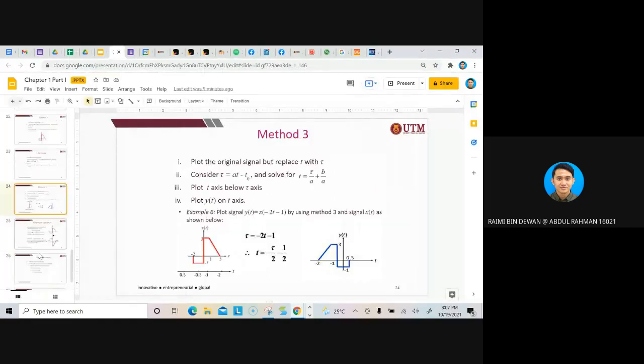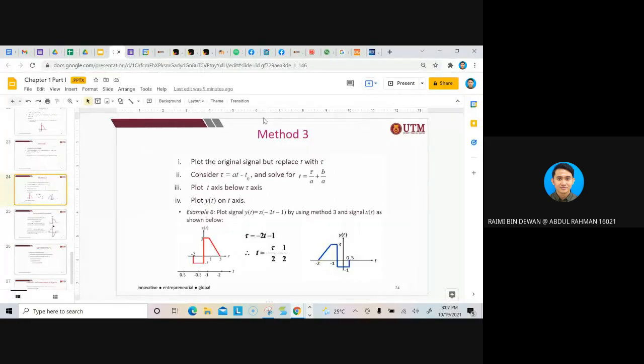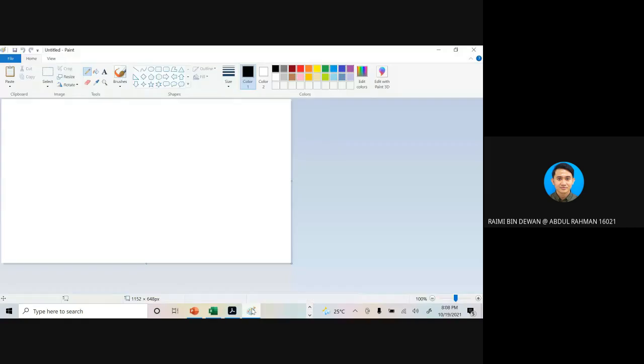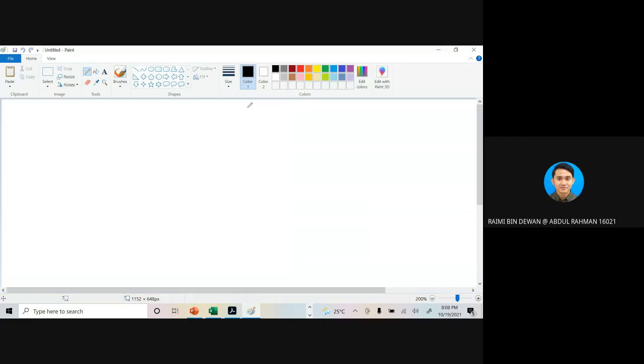Now we are using method 3. I write first the instruction, which is to plot the signal.